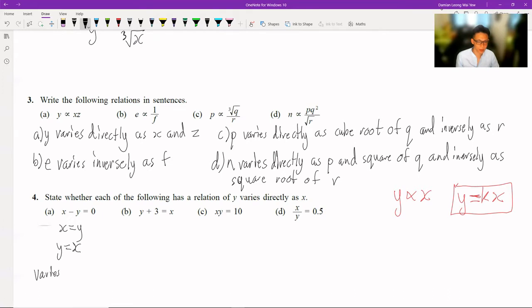So part A varies directly. For part B, if I bring over the 3, plus opposite is minus, so it's not just times x, there's a minus also. So this one does not vary directly.